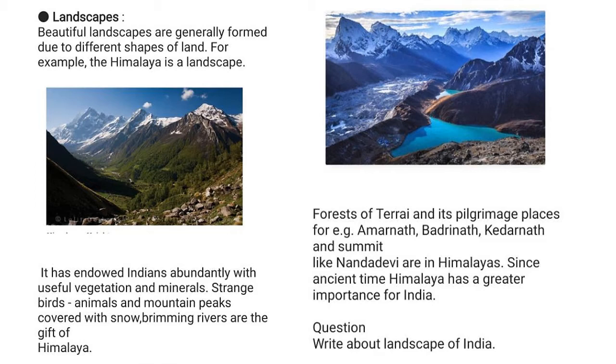Here the Himalaya is given as an example of a landscape. We have discussed before how the Himalaya was formed. Himalaya was formed by two tectonic plates converging towards each other, and then the Himalaya was formed. So see the next para.